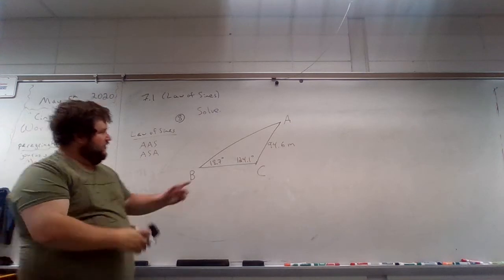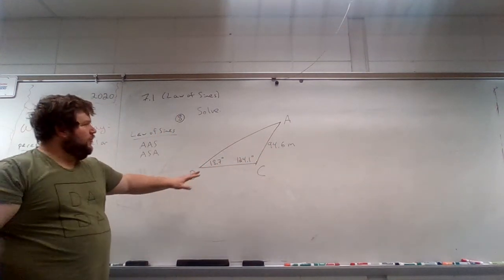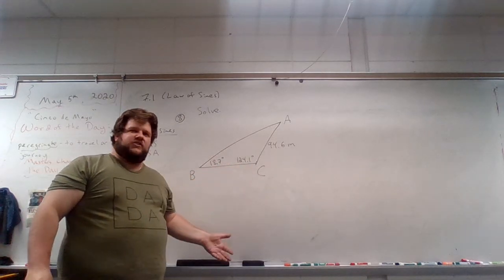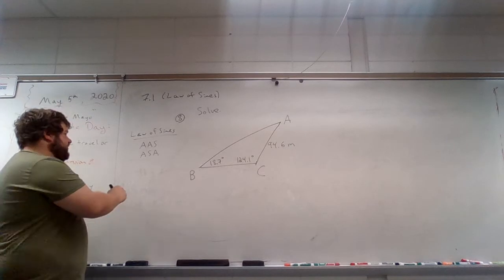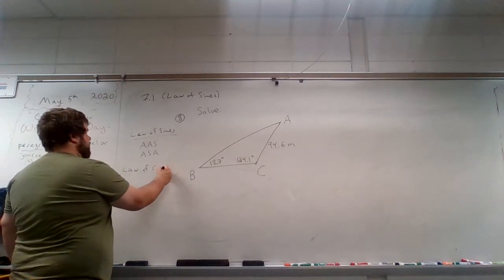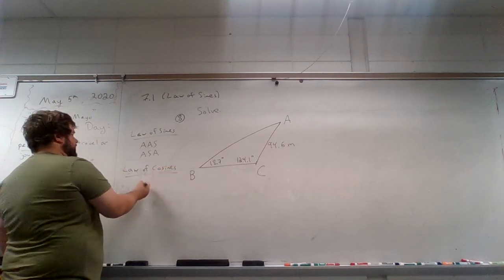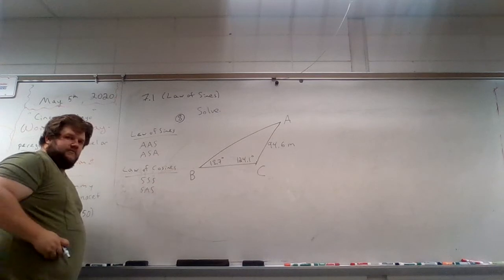Here, like this one, I have angle, angle, side. This side's not between these two. So this one would be a good law of sines question. Basically, if you have two angles, I would use law of sines. I would start with law of cosines if I have something like side, side, side, or side, angle, side.